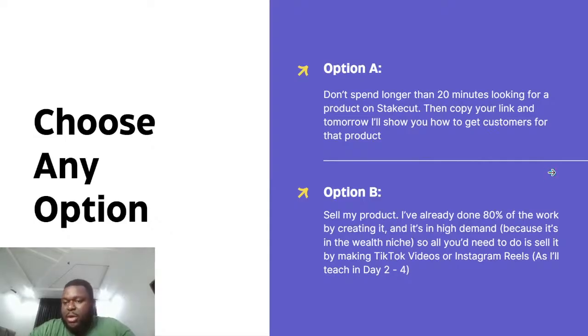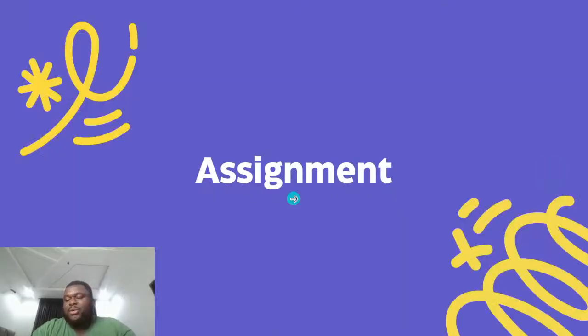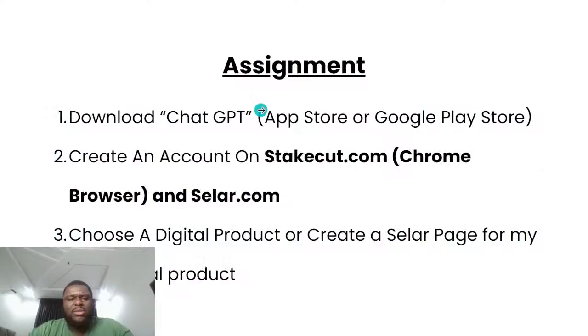I don't mind, okay? Now, here's the assignment that I'm giving to everybody, all right? It's a very simple assignment. Assignment number 1, download ChatGPT. You can find it on the App Store or the Play Store. Assignment number 2, create a free account on StakeCut, okay, and on Seller.com. Create a free account on both, but you'll be using StakeCut more, okay?